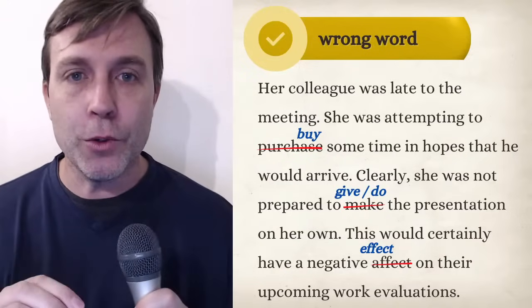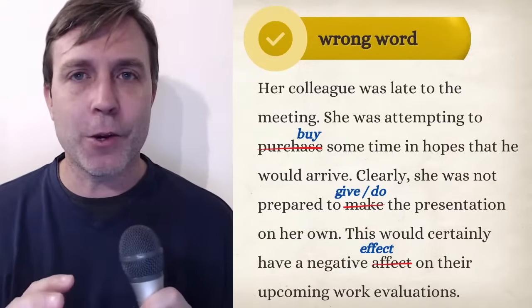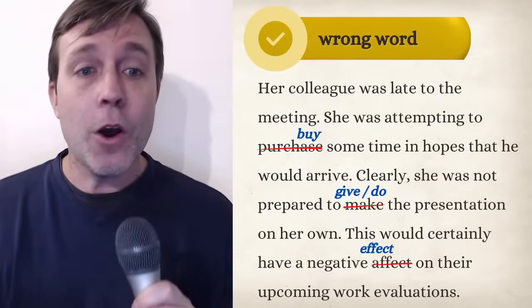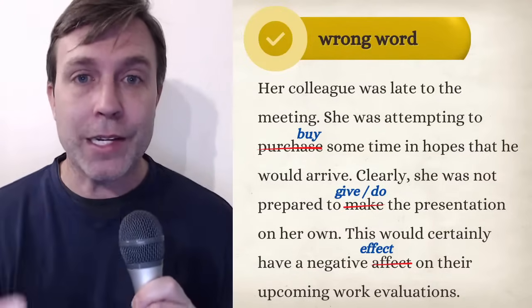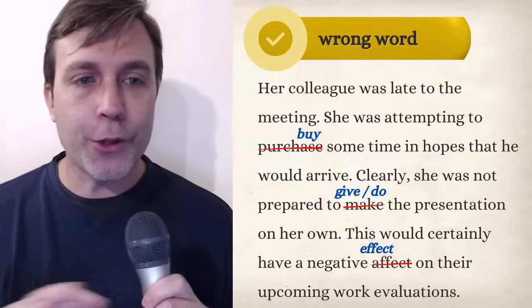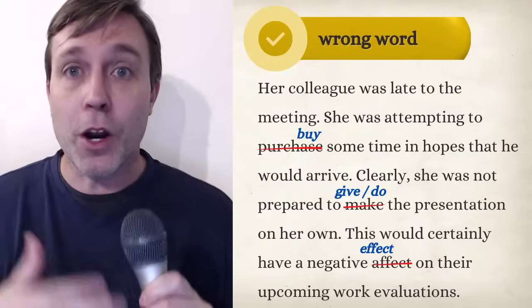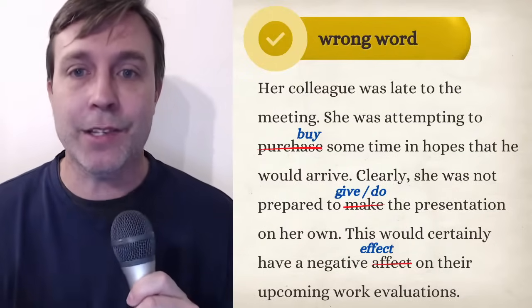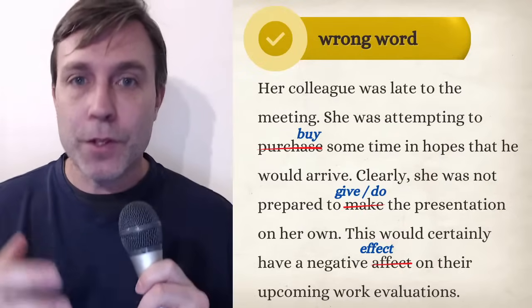With the verb do, it can really refer to either one. Who's going to do the presentation, like give the presentation. Or you could say who's going to do the presentation, as in make it and create it. So all 3 of those verbs are correct, but in this specific context, she's at the meeting.